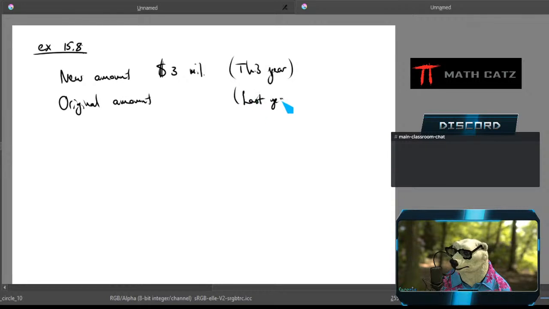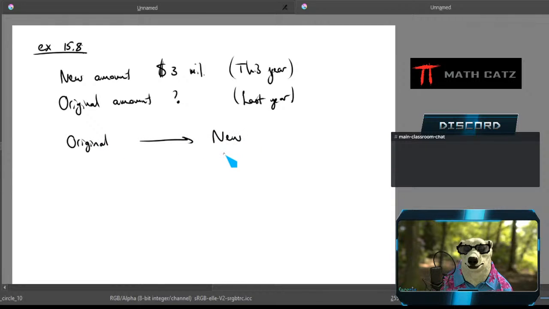And last year, I don't know what this is. And I do know that from original to new, if I can call it that, is an increase by 25%. They might not use the word increase. They say 25% more. It's the same thing.